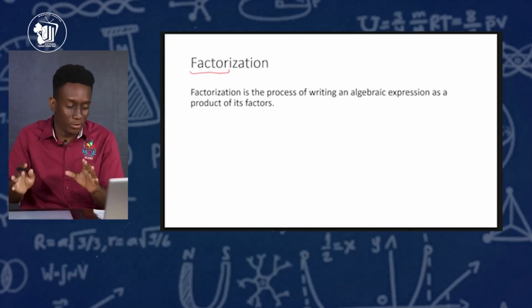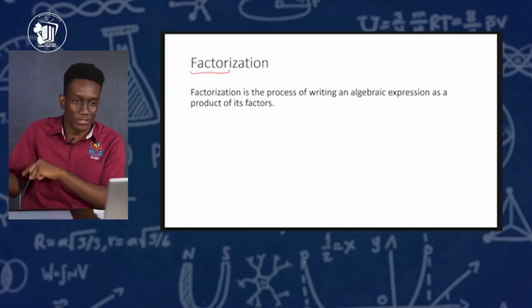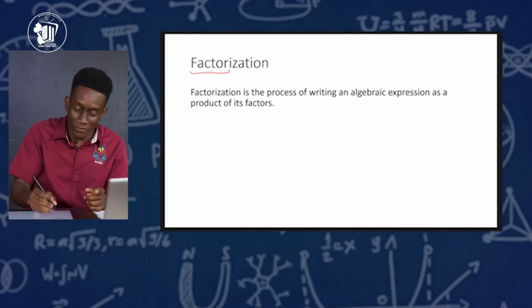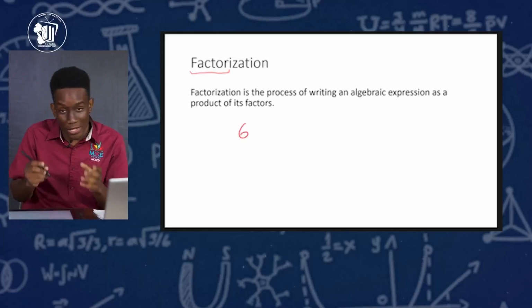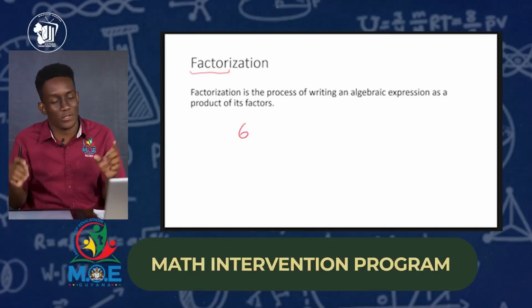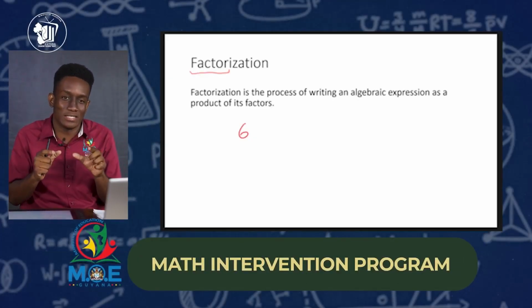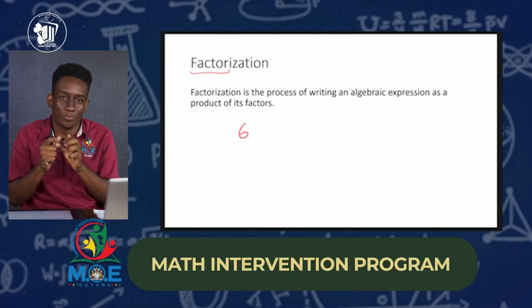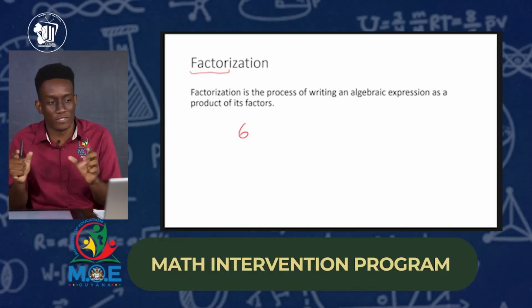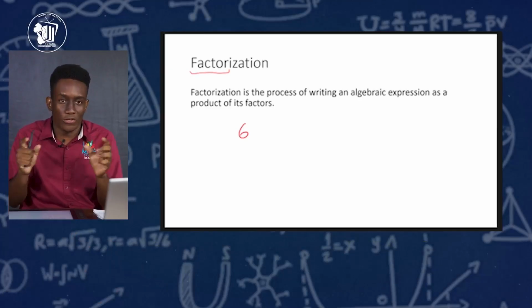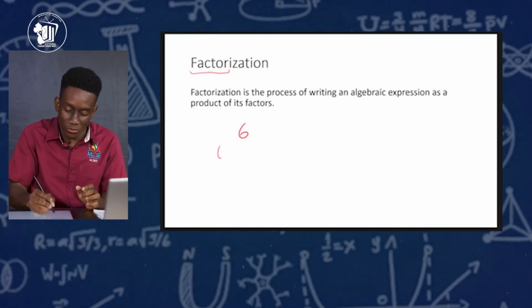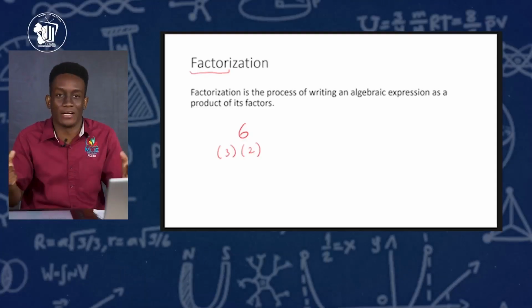So simply put, let's forget about algebra for now. If we have the number 6 and we're asked to factorize 6, we're basically expressing 6 as the product of 2 of its factors. So 2 factors of 6, therefore we can do 3 and 2. And there we have factorized 6.